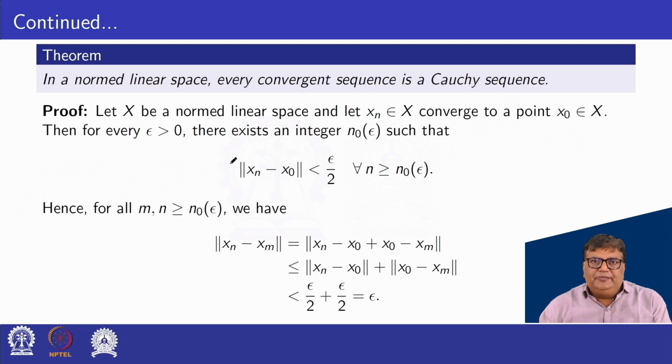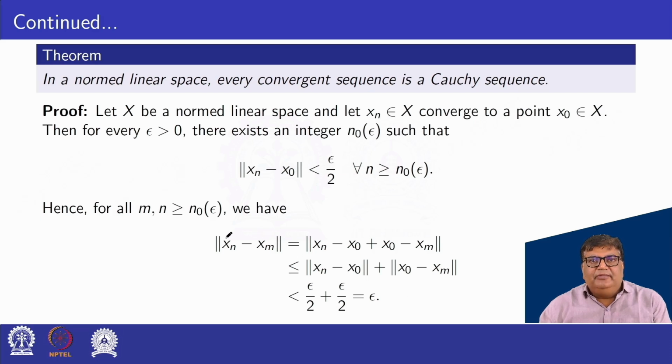Because xn is a convergent sequence, norm xn minus x0 is less than epsilon by 2, and this is also less than epsilon by 2. So the total quantity is less than epsilon by 2 plus epsilon by 2, that is epsilon.